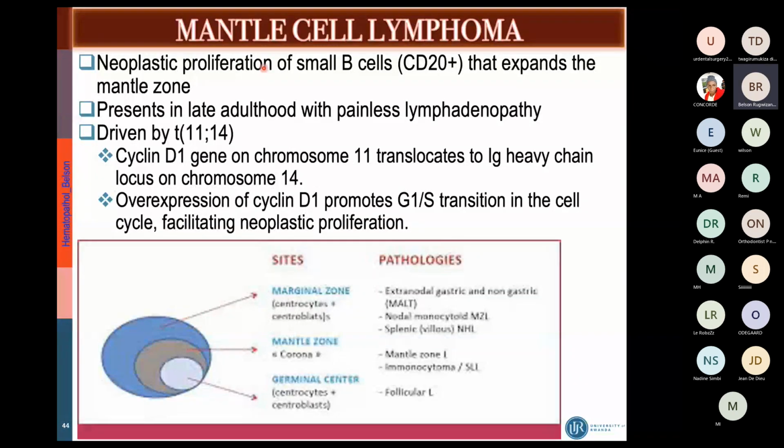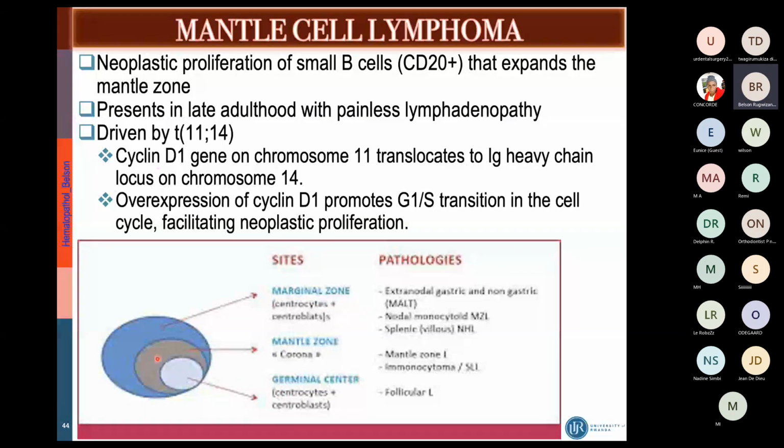So, mantle cell lymphoma. This brings us back to the anatomy of the lymph node. In a lymph node, we have a germinal center, which is in the center of each follicle. It is surrounded by the mantle zone. Then the marginal zone is the most external part of it.